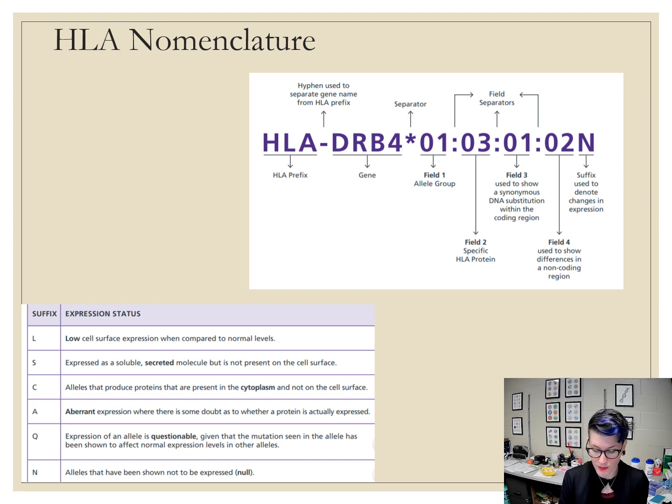Field 2 is the allele variants in that group. And then it goes further for all the nucleotide substitutions. If there's a letter at the very end, a suffix will denote changes in expression. So it could be low, secreted, it's present in the cytoplasm, or N for null, which are alleles that are not expressed.